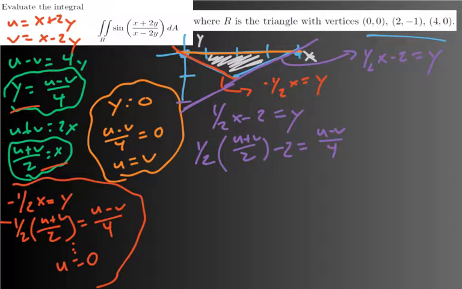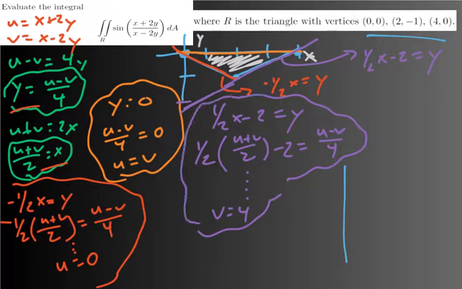A little bit messier because you can't just cancel the 4s on the bottom because you've got 2 terms over here. But it does simplify out fairly nicely. You get v equals 4, which is nice. And so this gives me my new region, right? So these 3 things I've circled here.